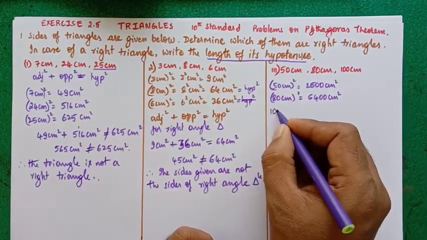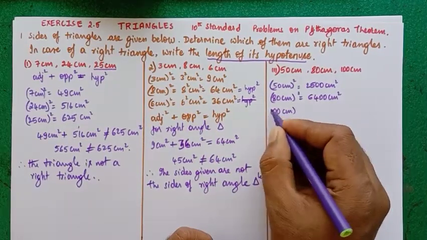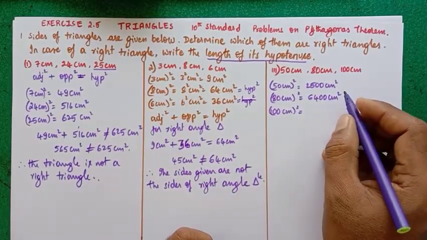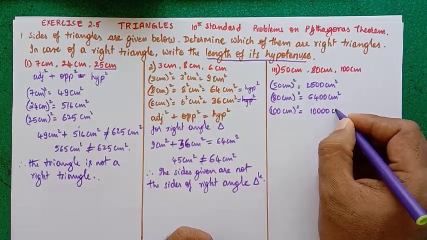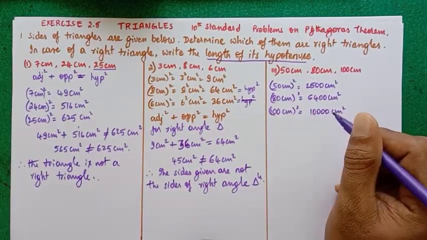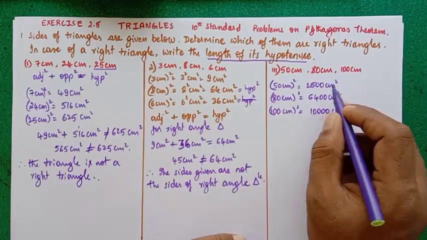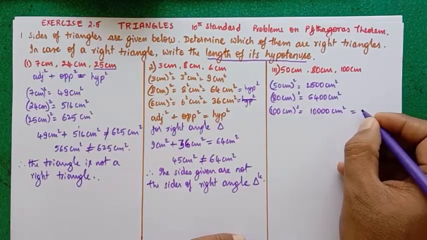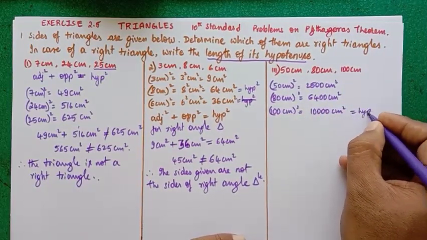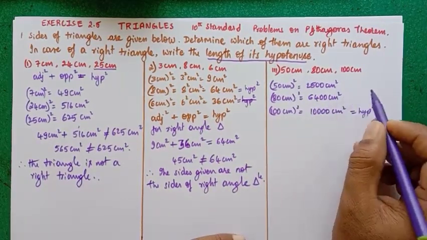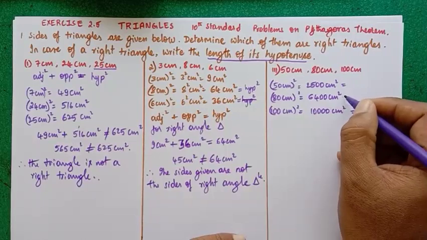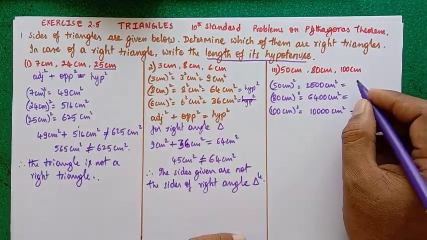What about this 100 centimeter whole square? It will be equal to 10,000 centimeter square. So the largest side here is 100 centimeters. So we will take the largest side as the hypotenuse square. And then these two you can take either way. You can take anything.